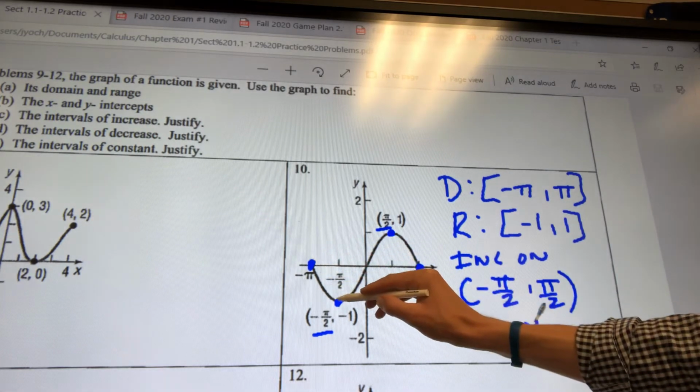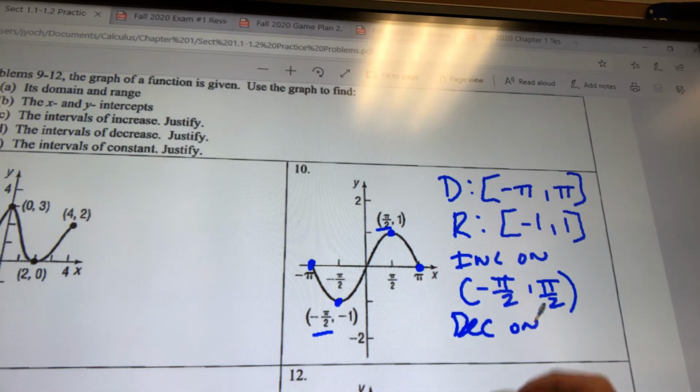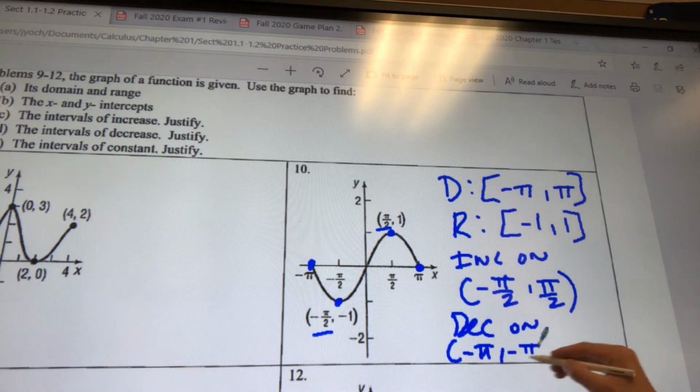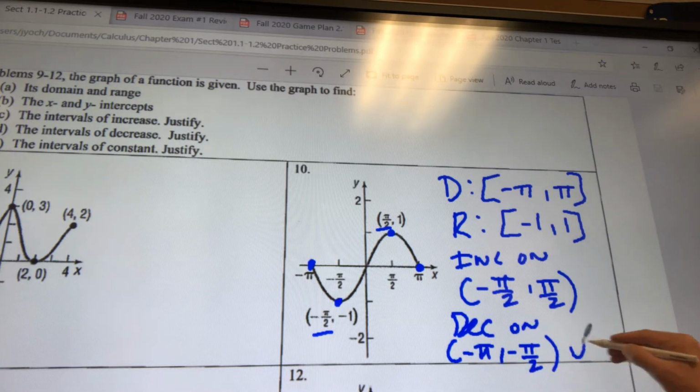It's going down, from -pi to -pi/2, union pi/2 to pi. The intervals where it's constant: it's constant nowhere. Look at 11, we'll do 11 here in a second. It is constant nowhere. All right, so that's a pretty good one there.